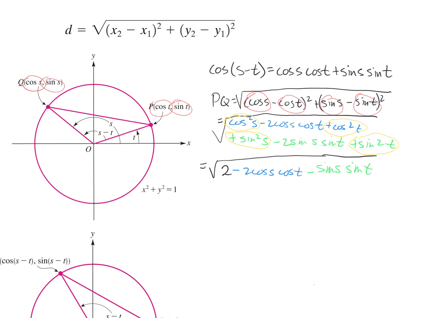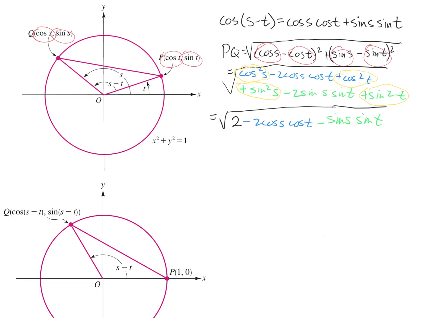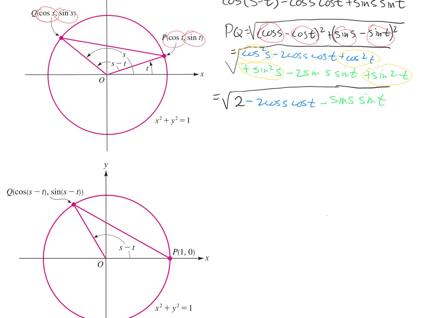Now, what we're going to do is something a little bit sneaky. Notice here, we have the unit circle, the same unit circle, and we actually have the same triangle here. All we did was rotate it so P is at the point 1, 0. So if this gets brought down here, now the point is at 1, 0.